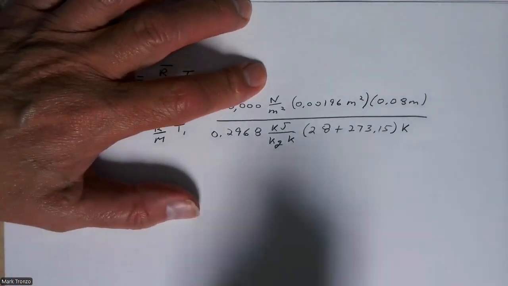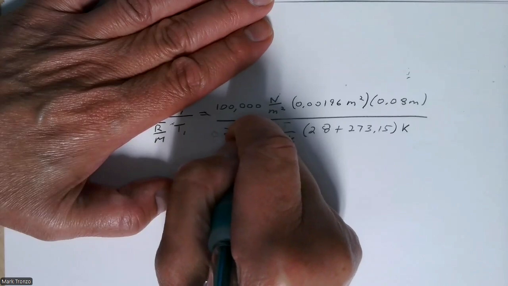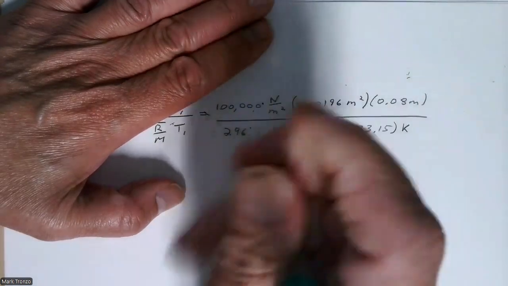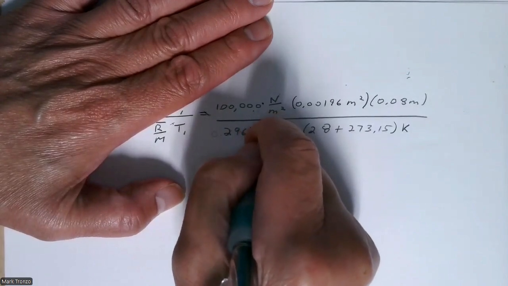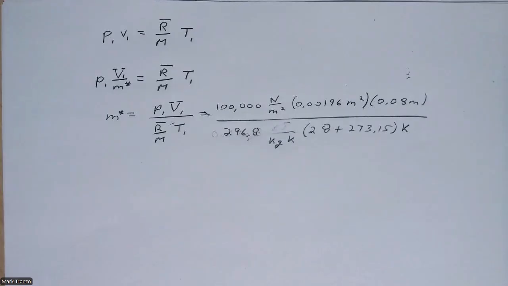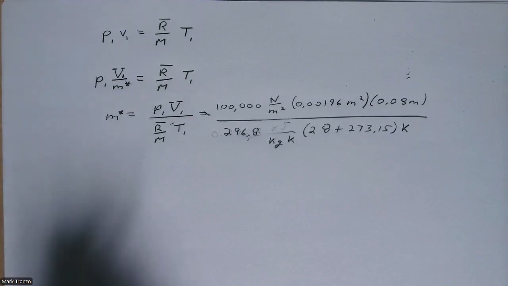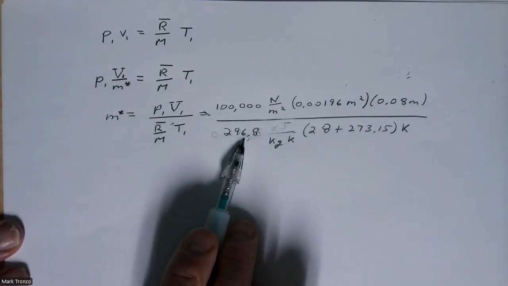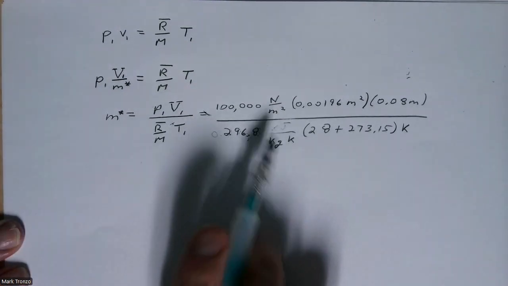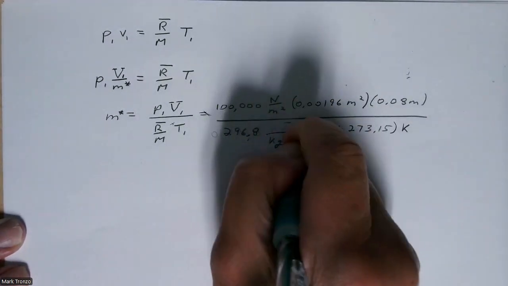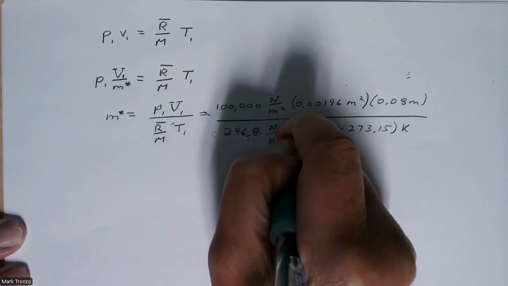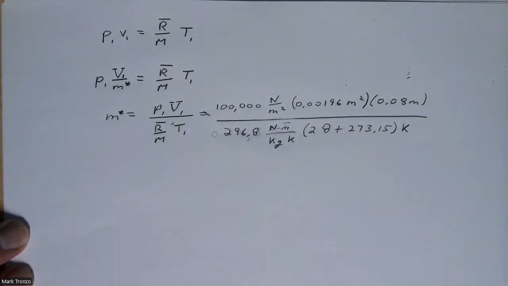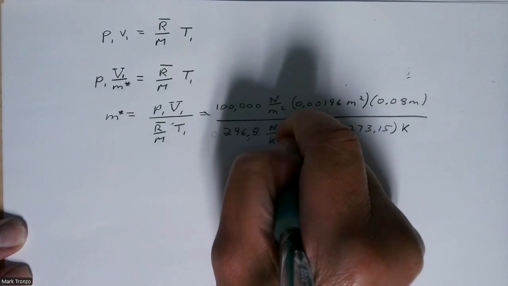So I'm going to multiply by 1,000, and that's going to give us joules. And also, joules, remember, is a Newton meter. That's a little bit messy there, but hopefully you can read that.